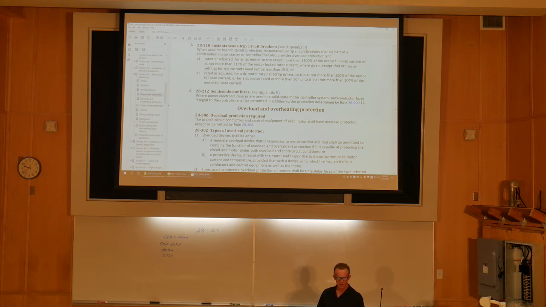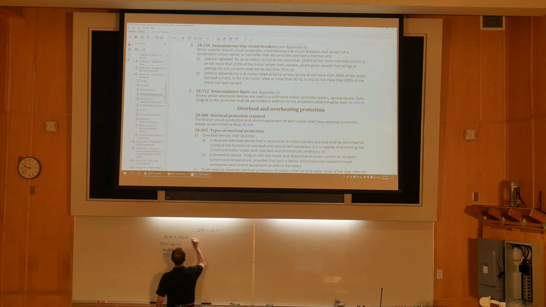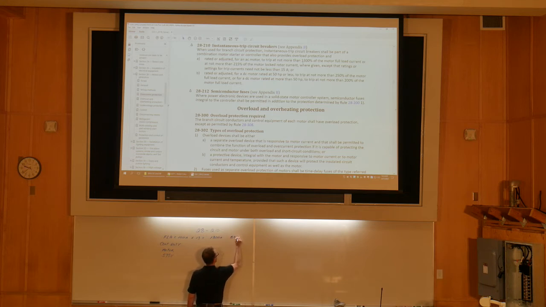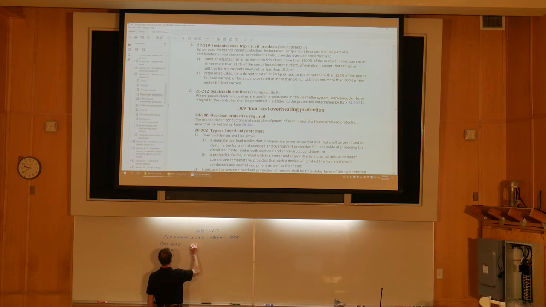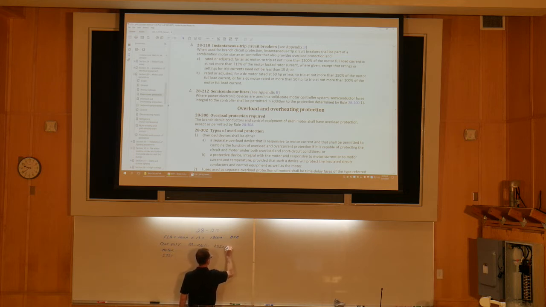Okay, so 1300%. That means calculation: a 1,300 amp breaker calculated, and if it was a continuous duty motor, the conductor would only have to be 125 amps.